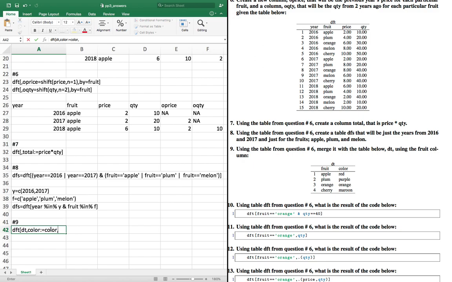Now here we need the keyword on. On is basically saying, how do you want to match up the rows? So here, I want to match up the rows by fruit. That's the only way I want to match it up. I have to go first with my fruit; what's the name of my fruit column in DFT? It's fruit. Equals. Now I have to match up with the fruit column in DT, which is fruit again, but remember, because it's a column from the table that we're doing the VLOOKUP from, we have to put the quotes in.